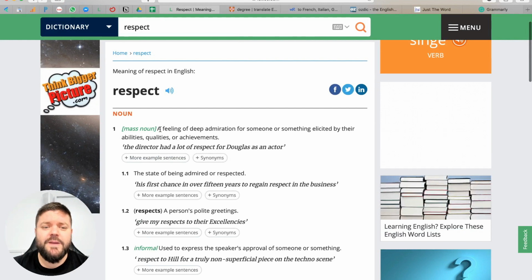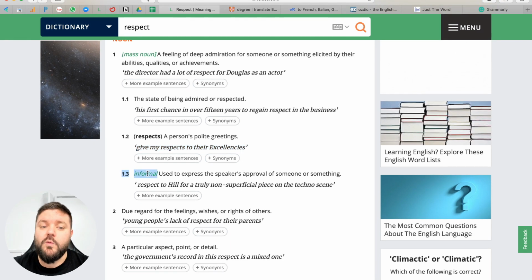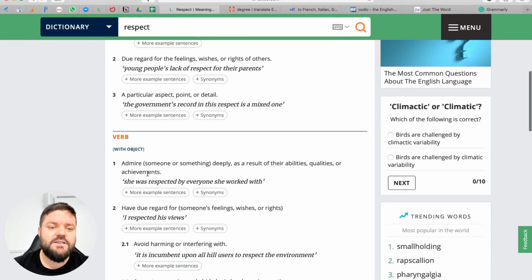And you also get information like whether it is a mass noun, that means uncountable, whether you normally use it in a plural form, like a person's polite greetings, give my respects to their excellencies, whether it's informal usage, and maybe you should restrict that to informal contexts, whether it goes with an object as well.